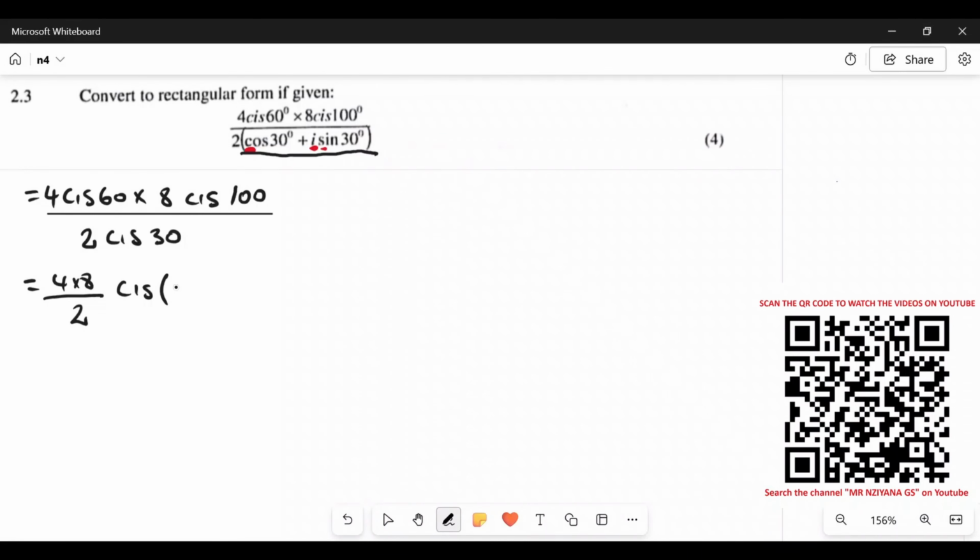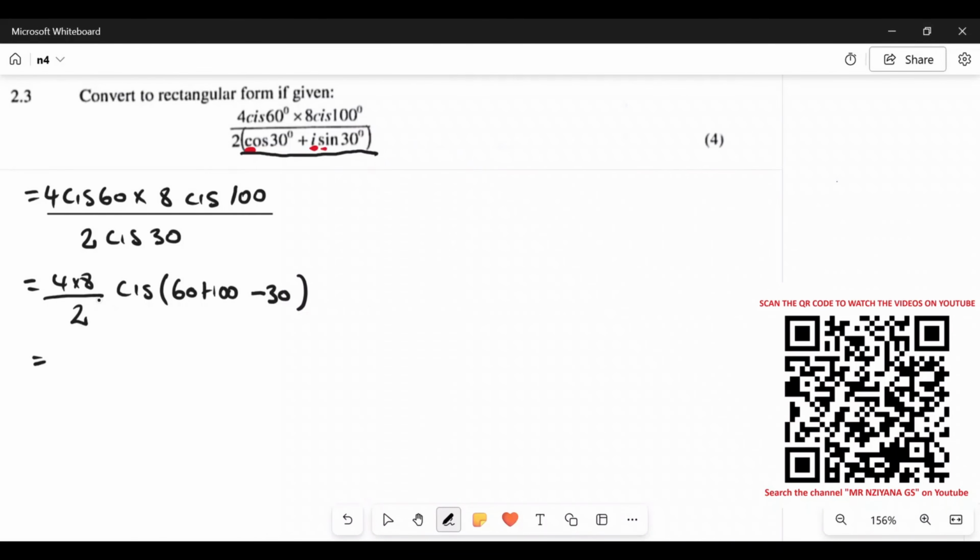For example, 60 is gonna add with 100 since the complex numbers are multiplying in a polar form, and it's gonna be subtracting everything there because it's on the denominator, so it's dividing the complex numbers on the numerator. So this is actually a multiplication and division of complex numbers in a polar form.